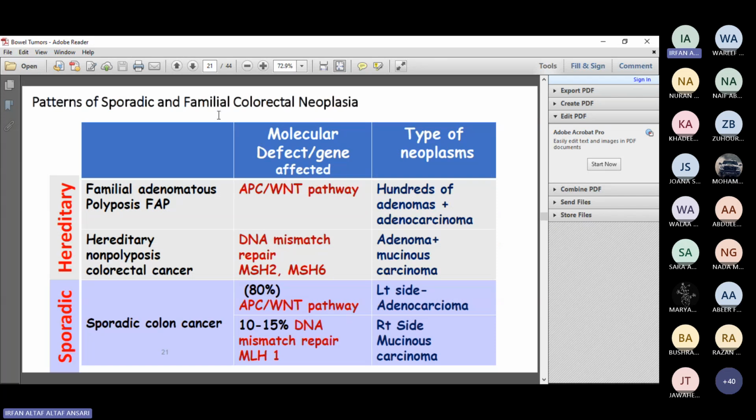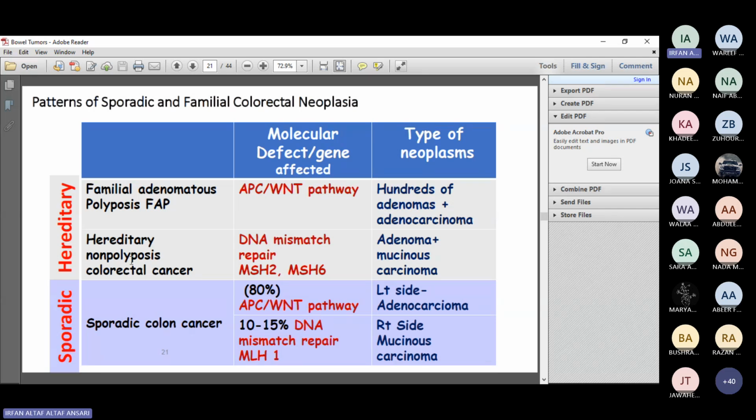So, the pattern of sporadic and familial colorectal carcinoma. Familial cases are hereditary, and the other is sporadic. In hereditary, you have two spectrums. Familial adenomatous polyposis is the APC-WNT pathway; the gene involved is the APC gene located on chromosome 5, with hundreds of adenomas and adenocarcinoma.